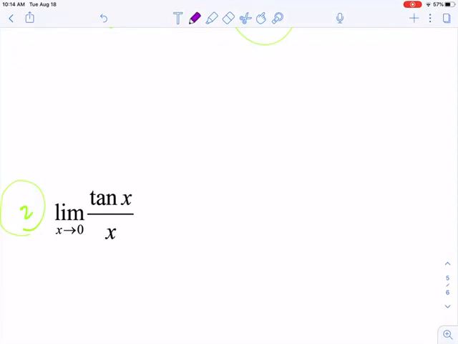If we try direct substitution, this numerator is going to be 0 and this denominator is going to be 0. That's not okay. We can't have 0 in the denominator, but since it's 0 over 0, that's a good sign that we can do something algebraically, or in this case, trigonometrically.